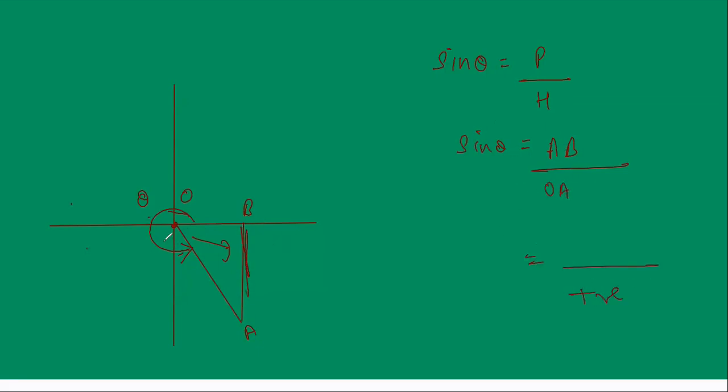AB is parallel to this line, and this line is coming on the negative y-axis. Let's take this point as D. OD is equal to AB only. OD is negative because it is on the negative y-axis, so AB is also negative. Negative over positive is negative. So sine theta is negative in the fourth quadrant.